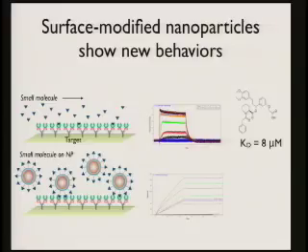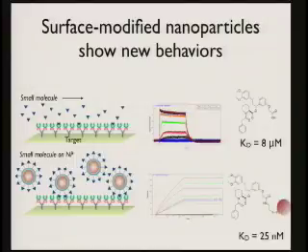Another way of looking at this, a specific example, is this ligand that has a pretty pathetic KD of 8 micromolar for FKBP, FK506 binding protein. When this material is bound onto nanoparticles, the affinity increases to 25 nanomolar. So 2 orders of magnitude. So this concept of multivalency has 2 practical implications.